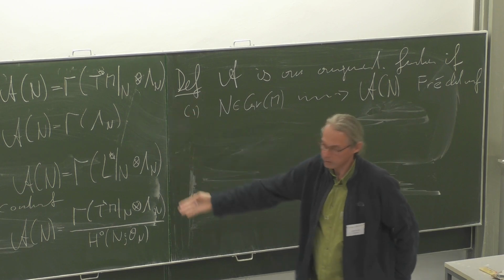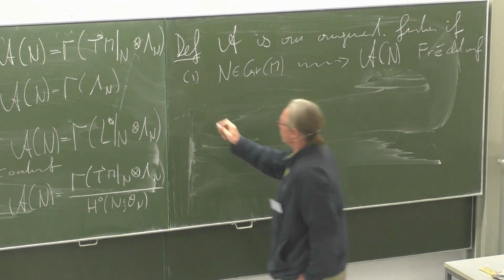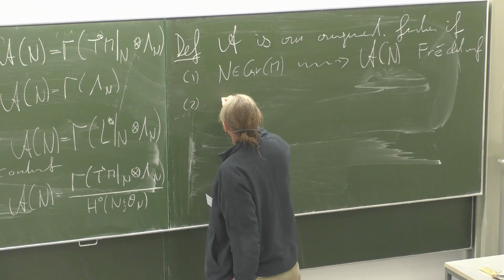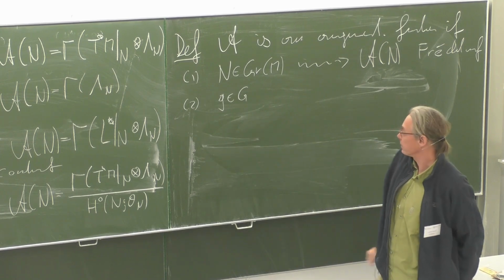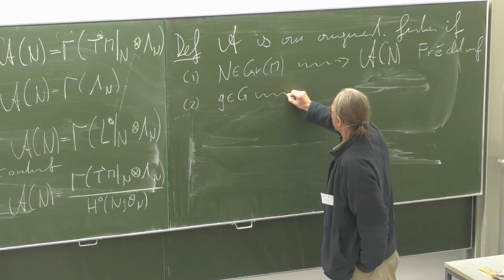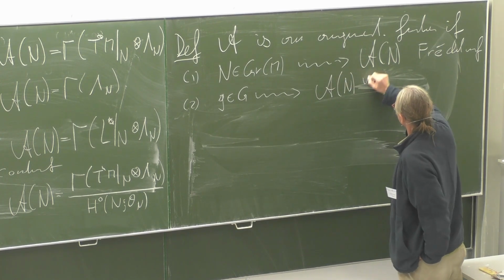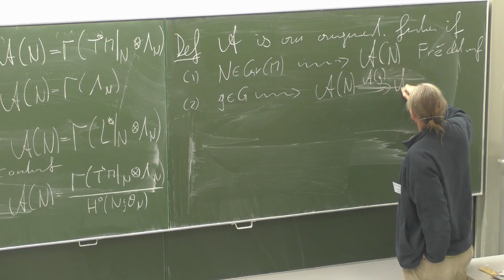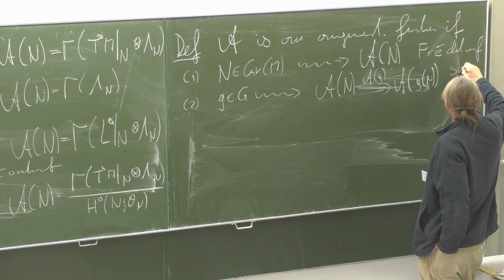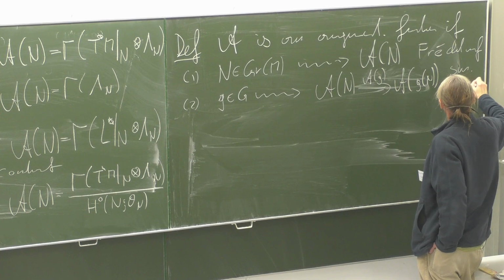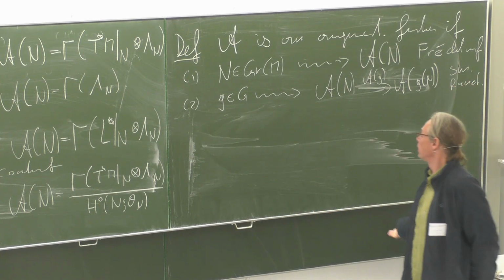It's certainly the case in all these examples here. And the second thing is some functoriality. If we have a diffeomorphism in our group G, we want a smooth map from A of N to A of the image of N. This is assumed to be smooth and functorial. Certainly the case in all these examples.